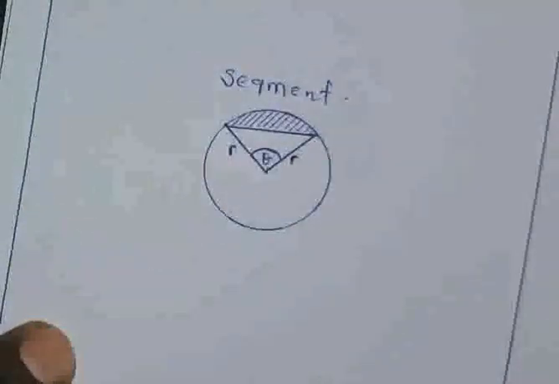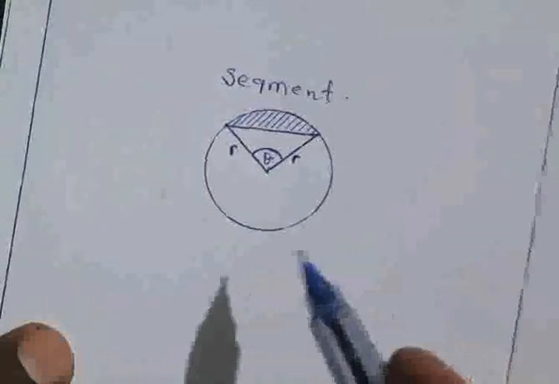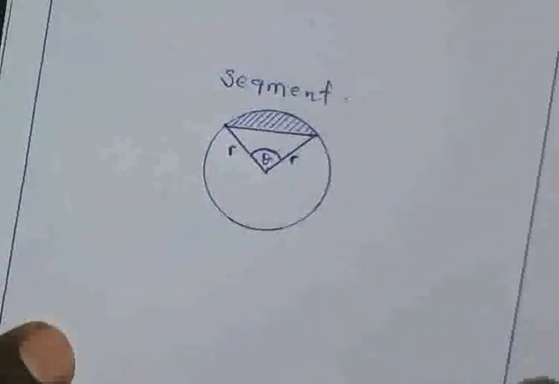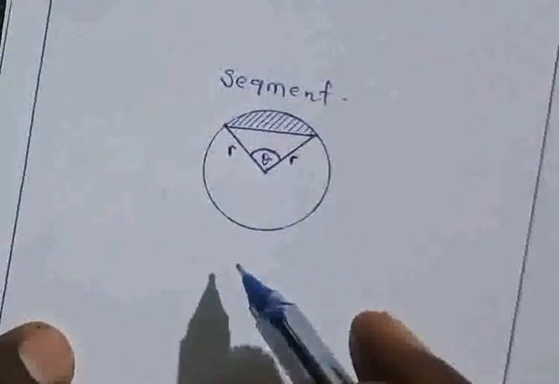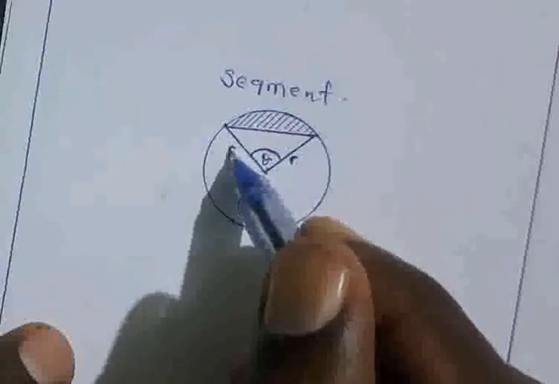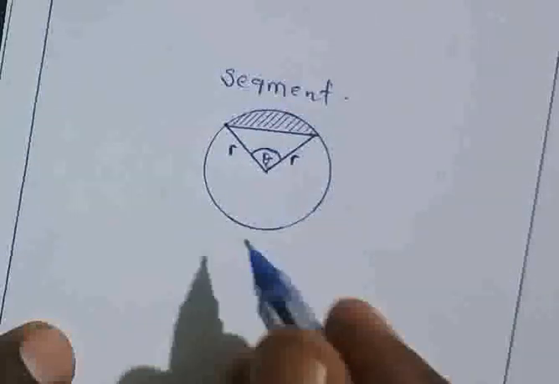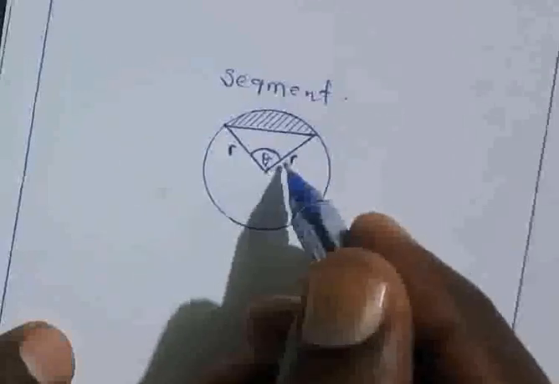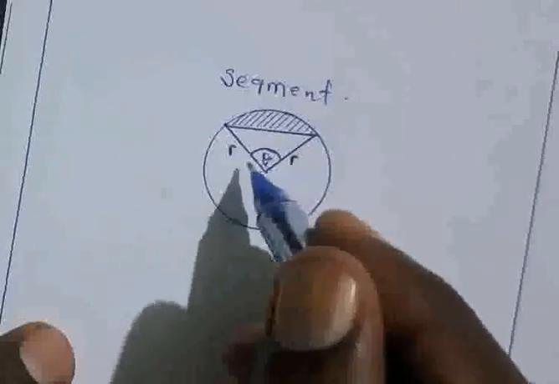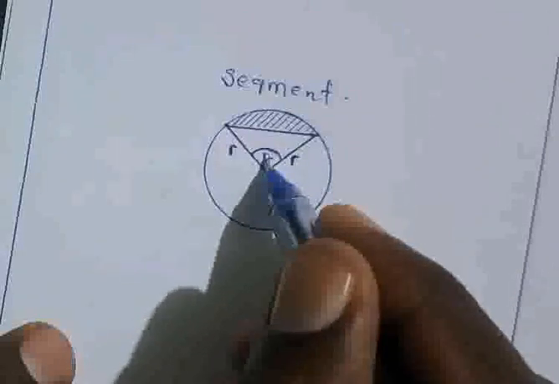Remember how to find the area of a triangle using the sine rule, where we say the area of a triangle is equal to half ab sine C. Now here we have r and here we have r. So the area of this part here is half times r times r times sine theta.